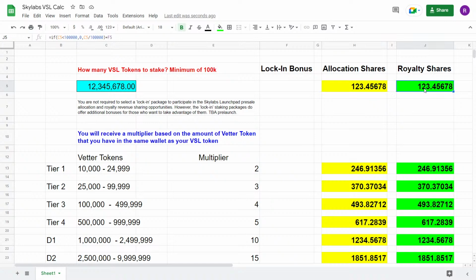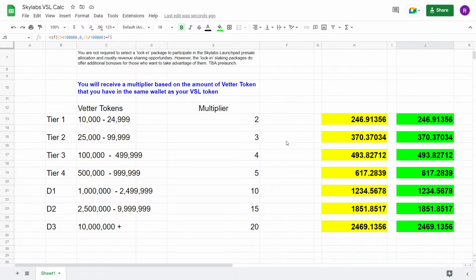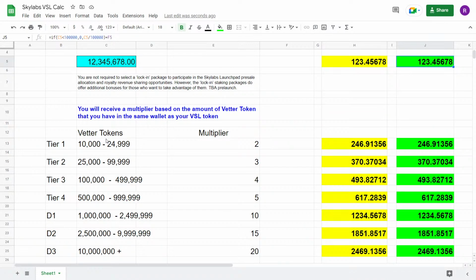Really simple, really straightforward. Here's where it gets really fun. When you hold VAHL token in the same wallet that you staked from, you get a multiplier. This is really cool. 10,000 tokens, you get a 2x multiplier.